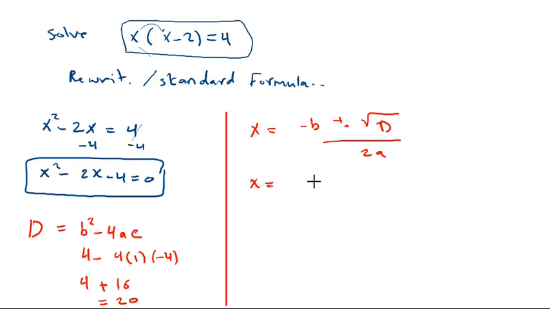So we have here x equals minus b, which is here 2, plus or minus the square root of 20, over 2.